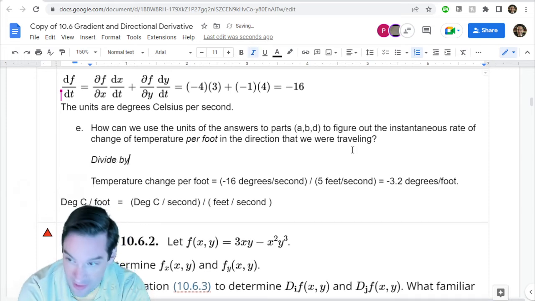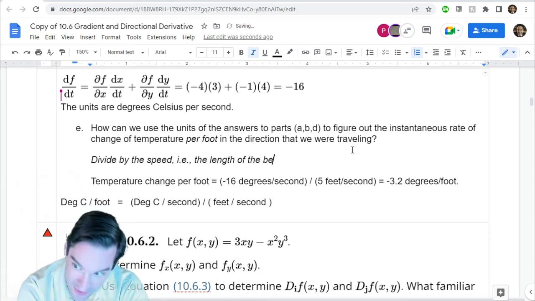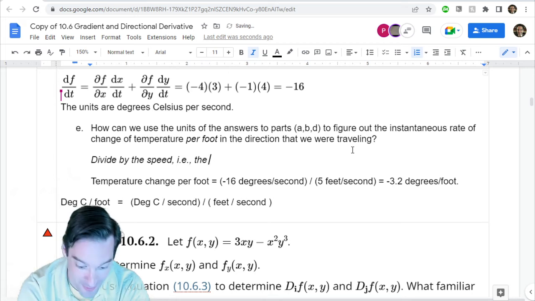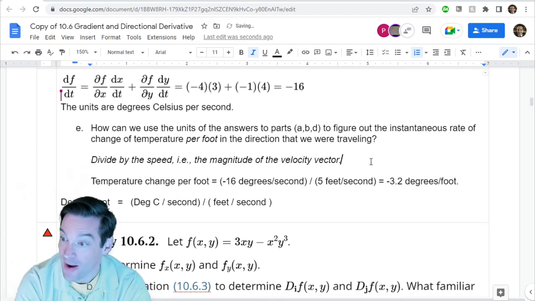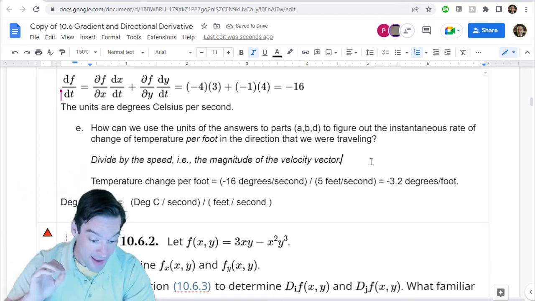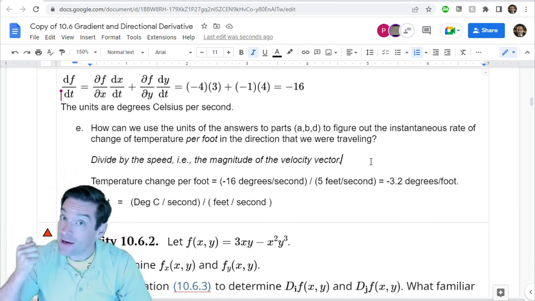And that is ultimately, so this is division, so I'm going to put here: divide by the speed, i.e. the length of the velocity vector. Magnitude, let's use the appropriate term here. Dividing by that magnitude makes sure that the magnitude of the velocity vector that we choose doesn't matter anymore.